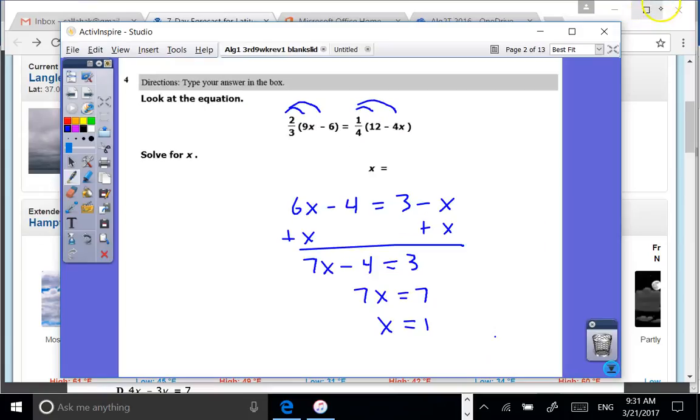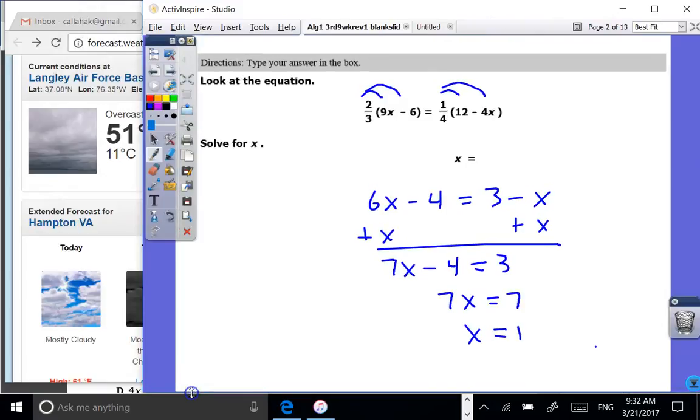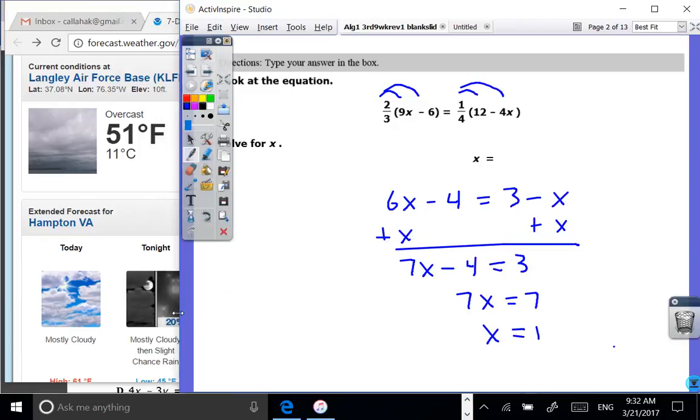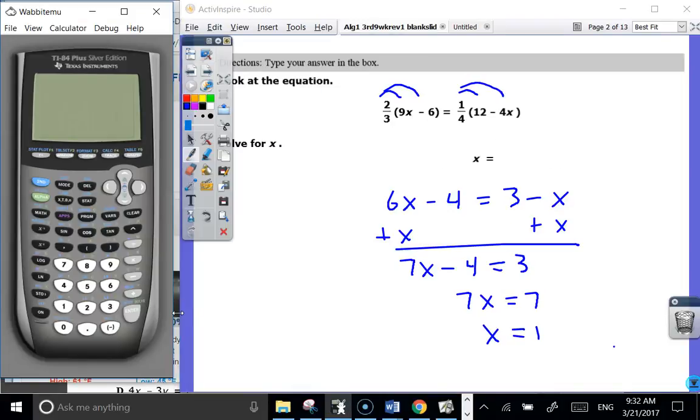Okay, now the other thing I want to remind us, and it kind of goes into the homework we just did, is that for these equations, you always have the option of solving it like it's a system. Remember how that would go. I would go to my calculator.